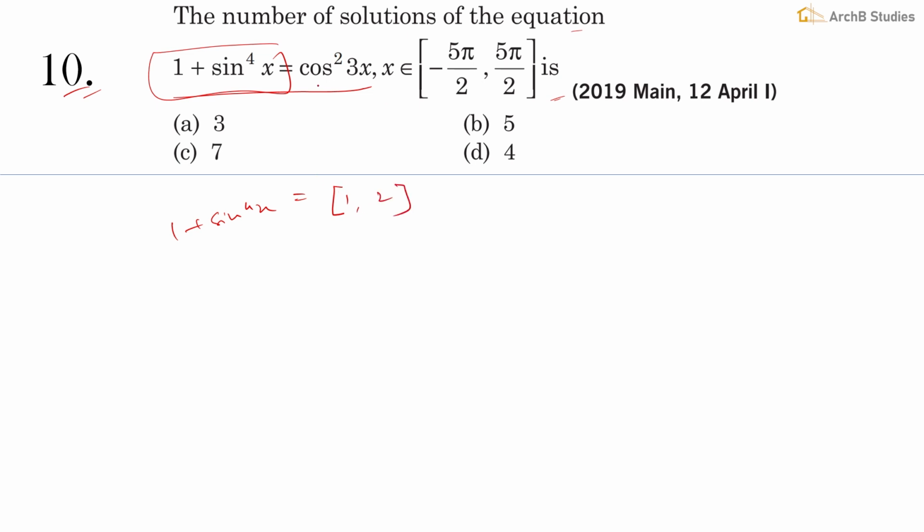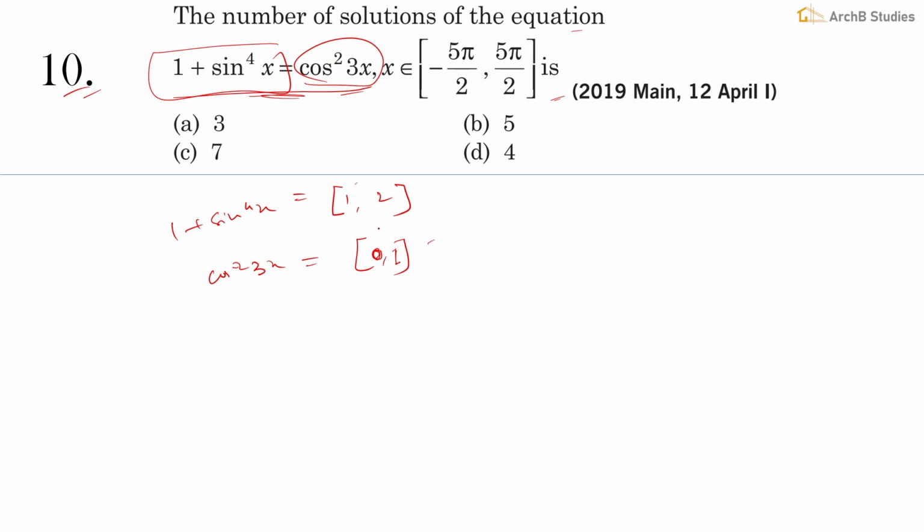And range of cos square 3x will be 0 to 1. Now these will be equal only if the value is equal in both of them, that is 1.